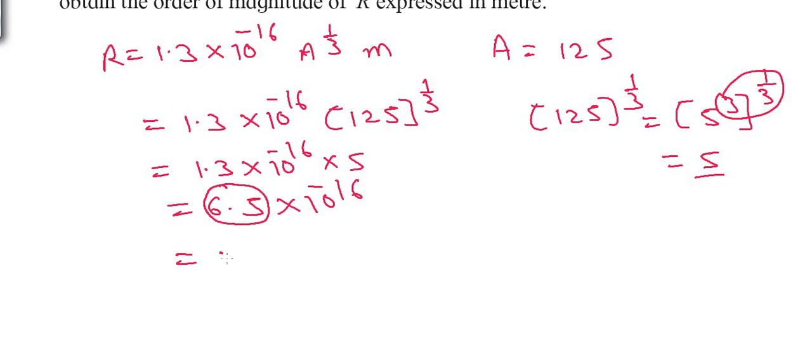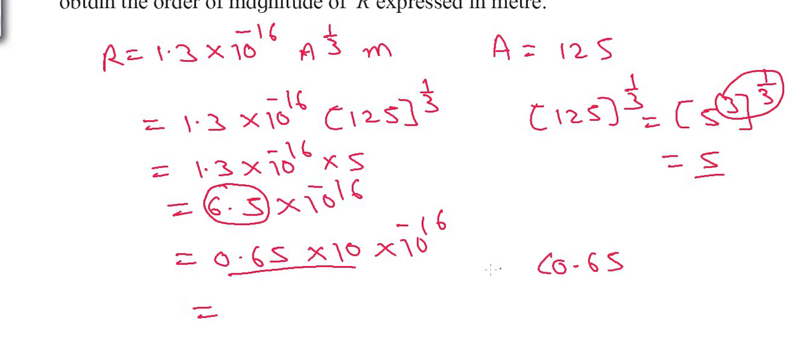So let us write this as 0.65 into 10 into 10 raised to minus 16. Now see this, 0.65 into 10 is 6.5 only. We have written this in this fashion because we want a number between 0.5 and 5. Now 0.65 is greater than 0.5 and less than 5.